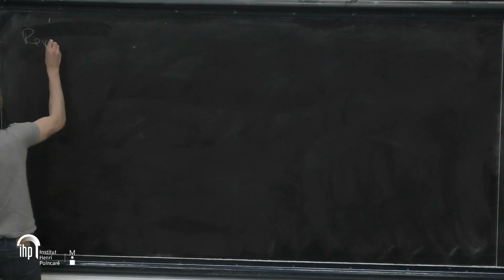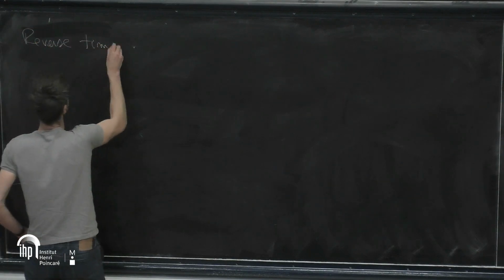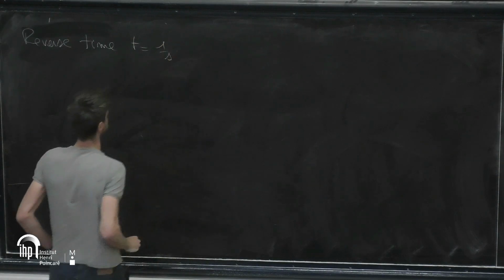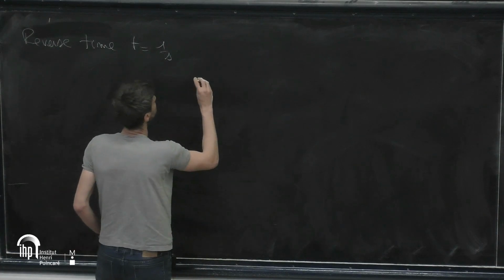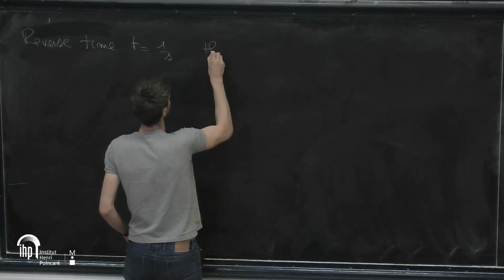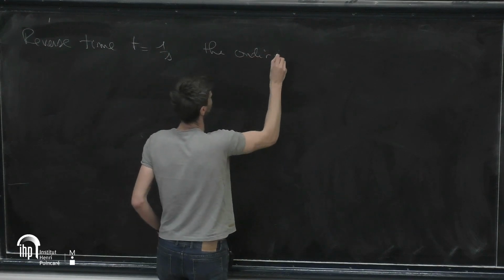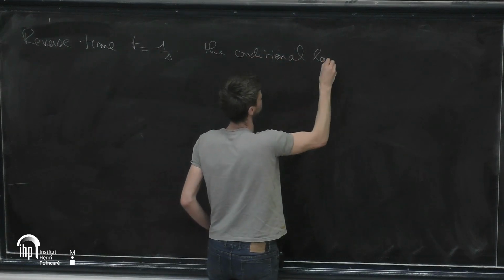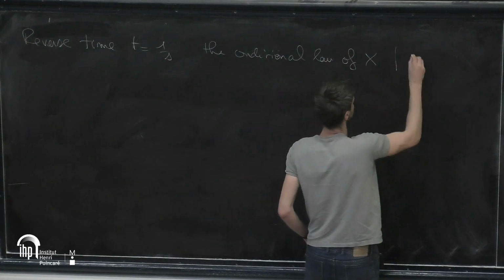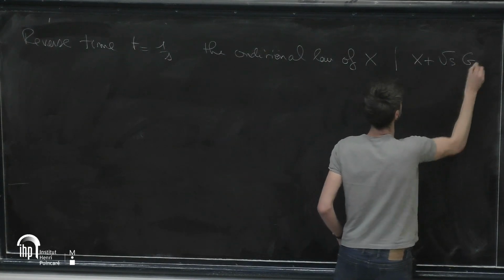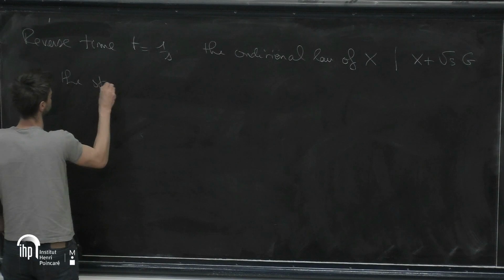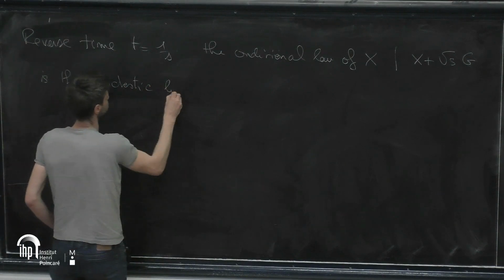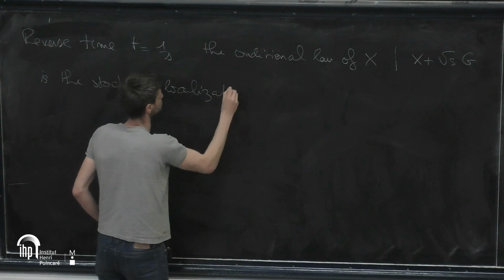Okay, so to prove the theorem, we will reverse time, as I said. t is 1 over s. And so the conditional law of x given x plus square root s g, at least in law, is a stochastic localization, mu t.